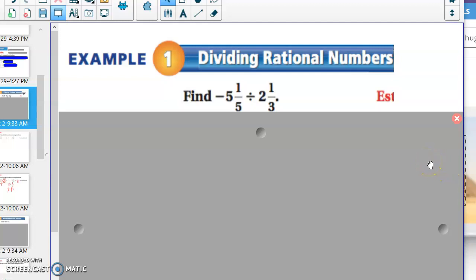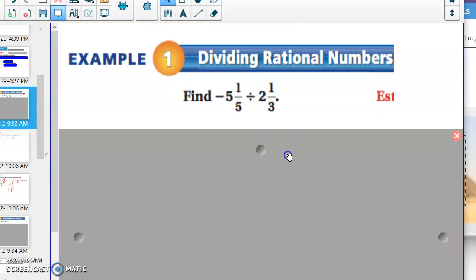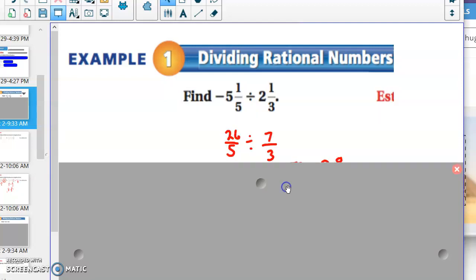First example, I'm going to do negative 5 1/5 divided by 2 1/3. Well, first thing, in order to divide fractions, I have to rewrite both of those as improper fractions. So I do 5 times 5 plus 1, which gives me 26/5, and then 2 times 3 is 6, plus 1 is 7/3.